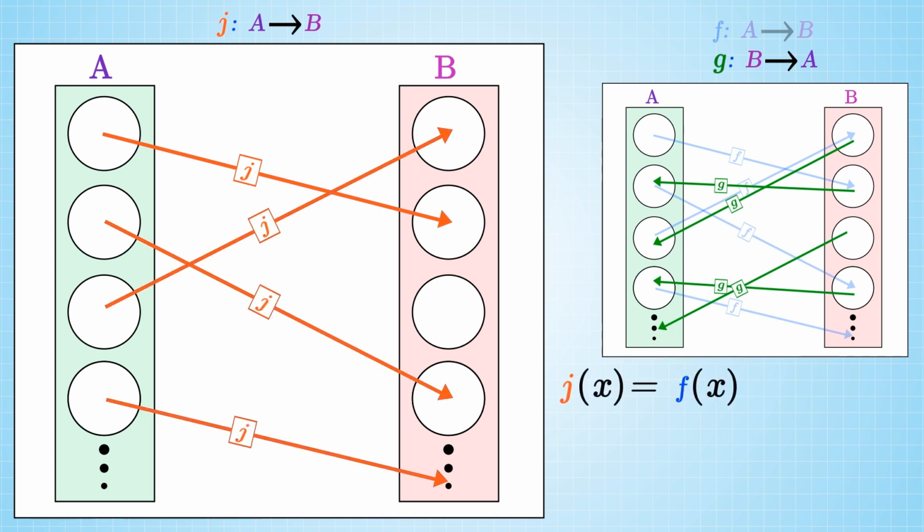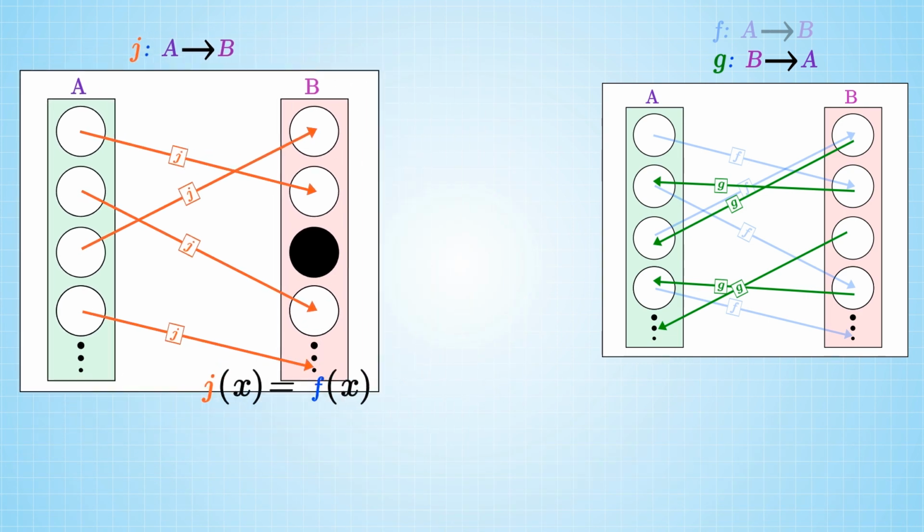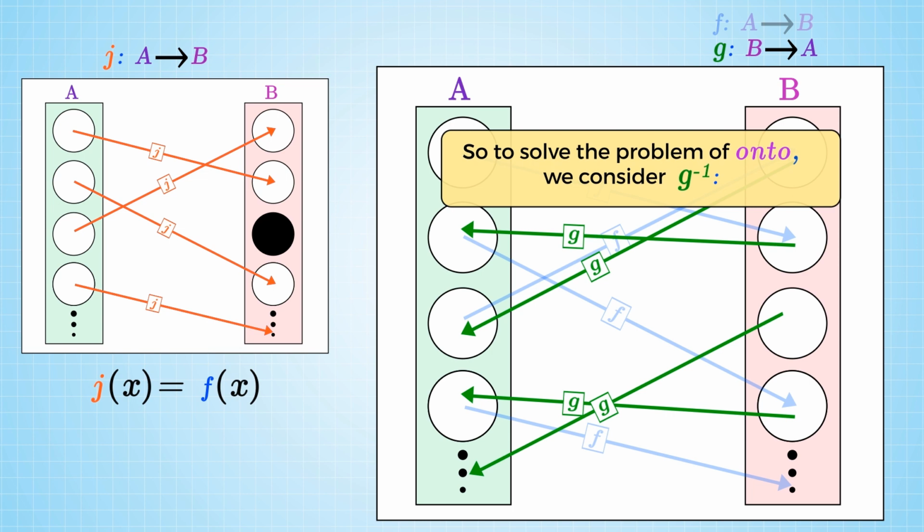Of course, defining our bijection J from A to B as J(x) equals F(x) is not enough. It's 1-to-1, but not necessarily onto. So to solve the problem of onto, we consider G inverse.